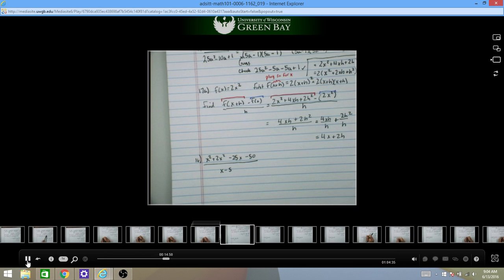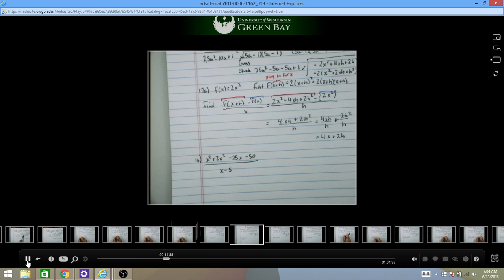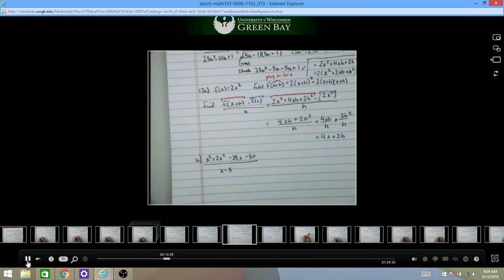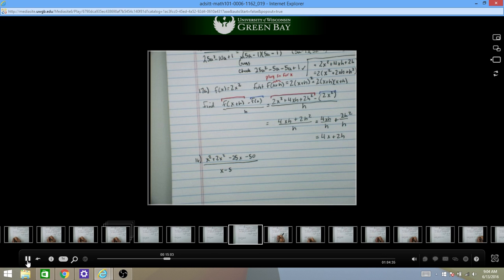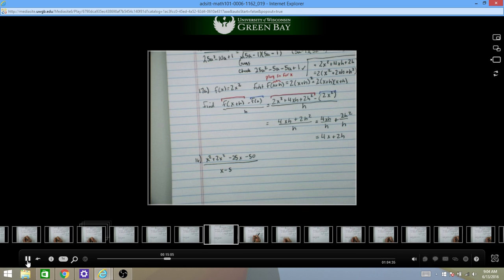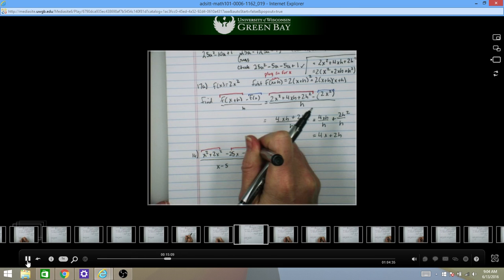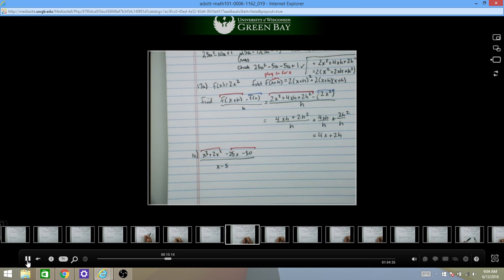So in 16, you have 4 terms in the numerator, and it says divide by factoring the numerator and then dividing out the common factor. So there's 4 terms. That means you should factor by grouping. So x cubed plus 2x squared, the greatest common factor on those 2 terms is x squared.